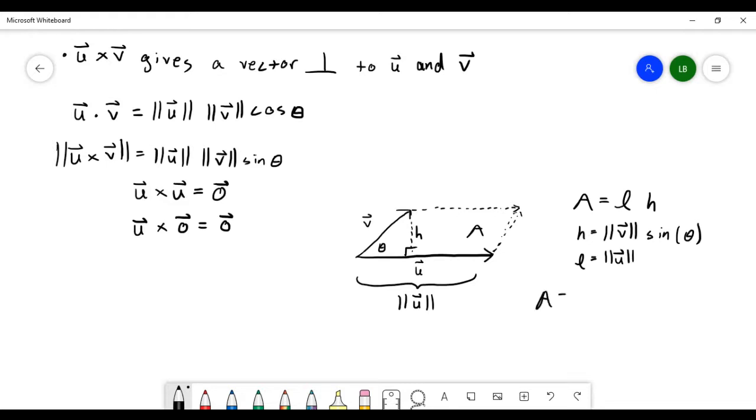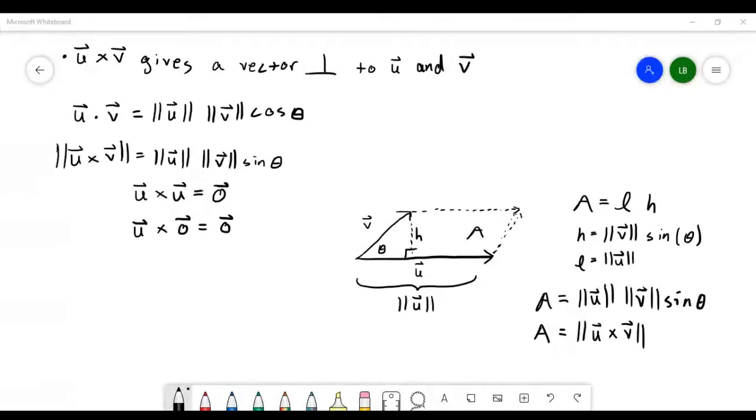Well, then the area would be equal to the magnitude of u times the magnitude of v times the sine of theta. But then by the cross product formula, the magnitude of u times the magnitude of v times the sine of theta is simply the magnitude of u cross v. So the area of a parallelogram is exactly equal to the magnitude of the cross product.